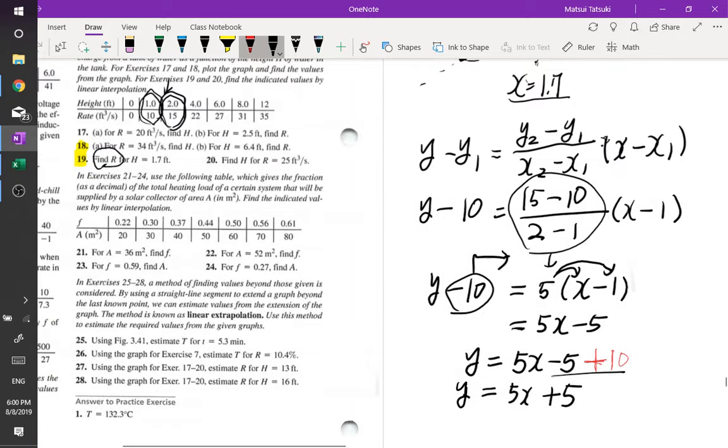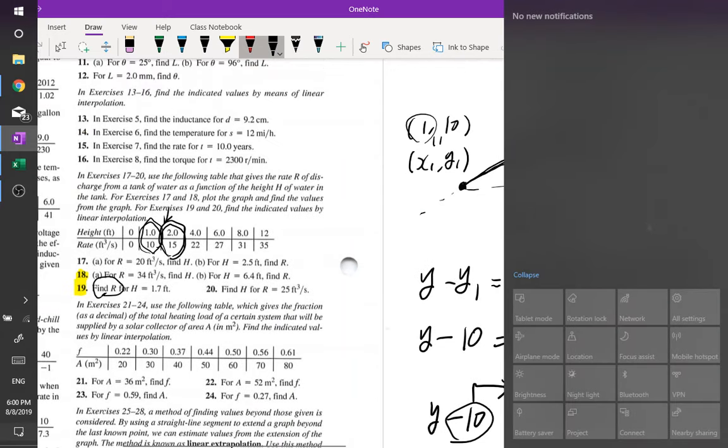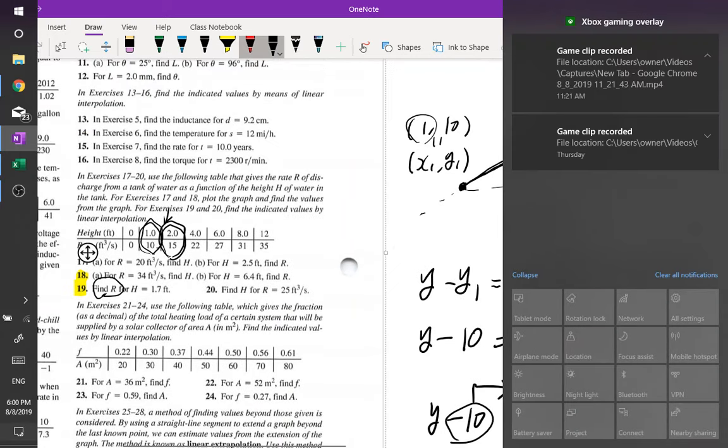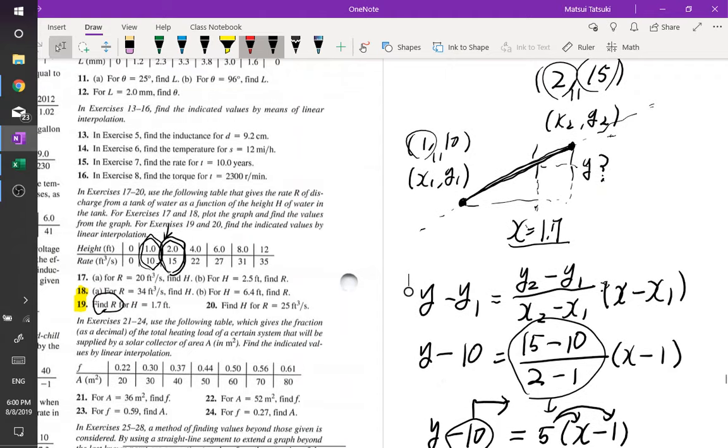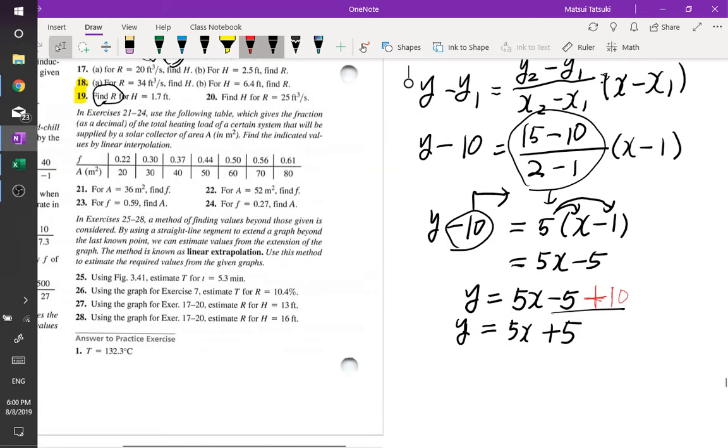Something is wrong. Oh, okay. This linear function is represented by y equals 5x plus 5.